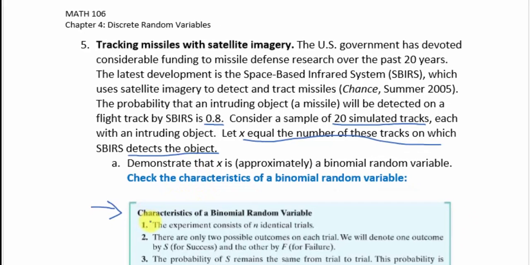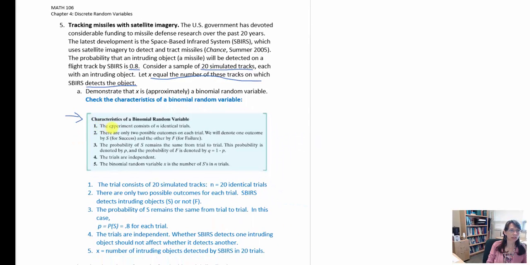a binomial random variable. The first item says the experiment consists of n identical trials. So we can see clearly that we have a sample of 20 simulated tracks. So we've met that criterion. Number two, there are only two possible outcomes for each trial.